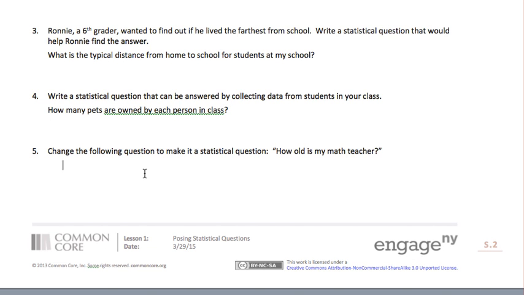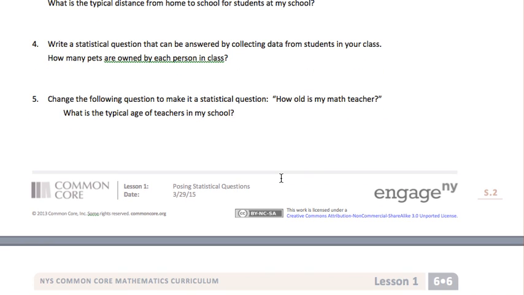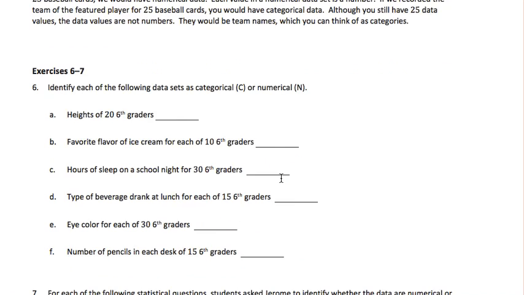Okay, and if we wanted to change this last question, how old is my math teacher, we could change it to what is the typical age of teachers in my school, which of course includes more than one teacher. So it would have more than one age to collect.